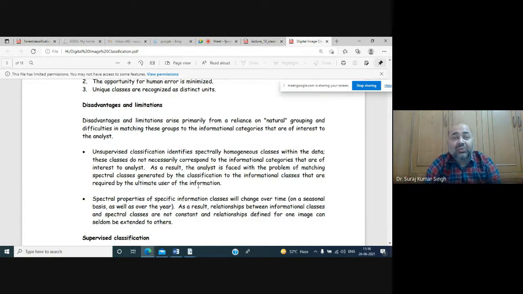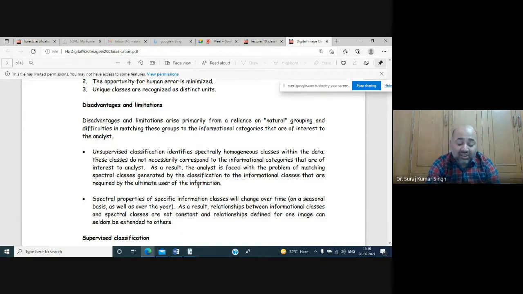So what is it trying to say? It is trying to say that many times the classes are very close to each other. The spectral or digital number or the tone is similar, but they correspond to different classes. Like the signature of built-up, the signature of a glacier, the signature of snow, the signature of riverine sand is similar in nature, and their spectral response is also about the same.